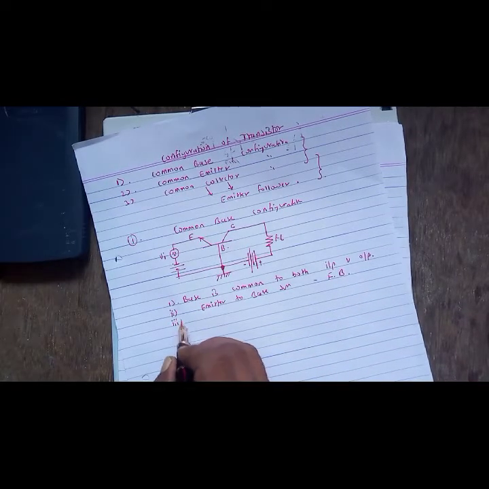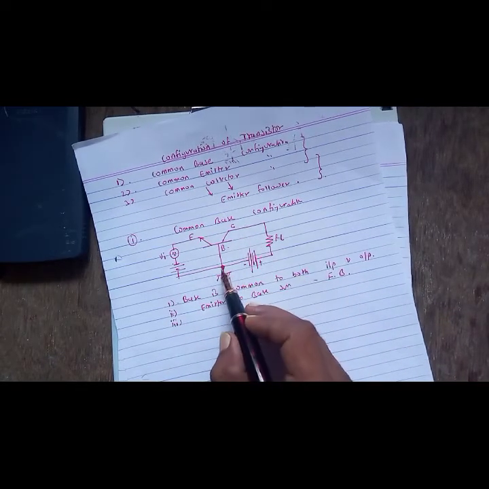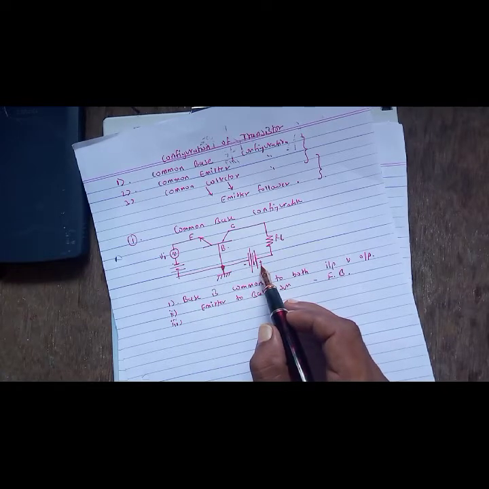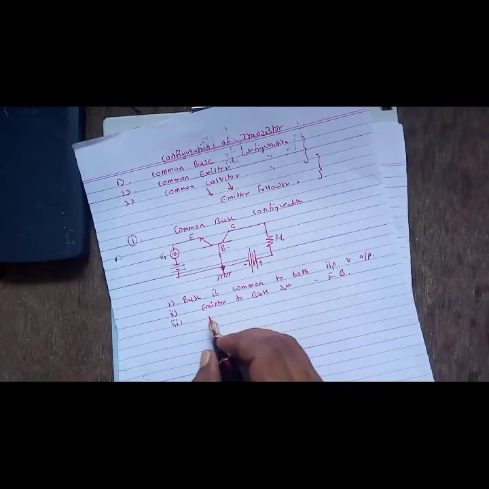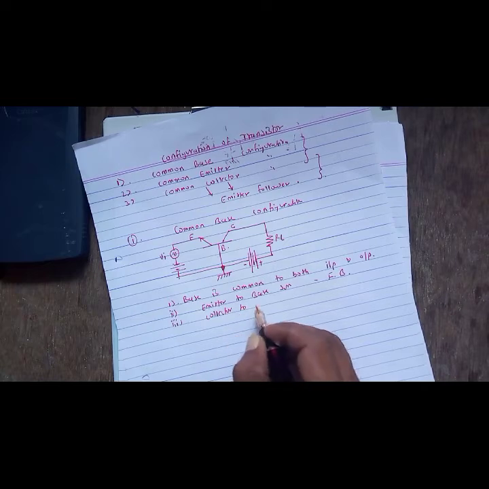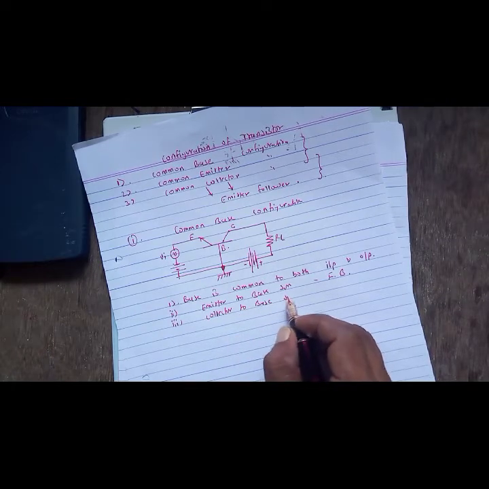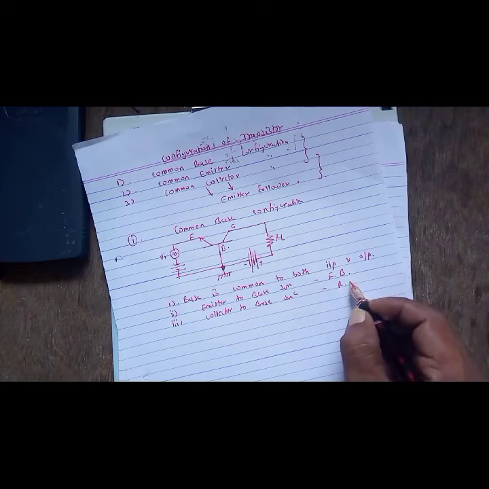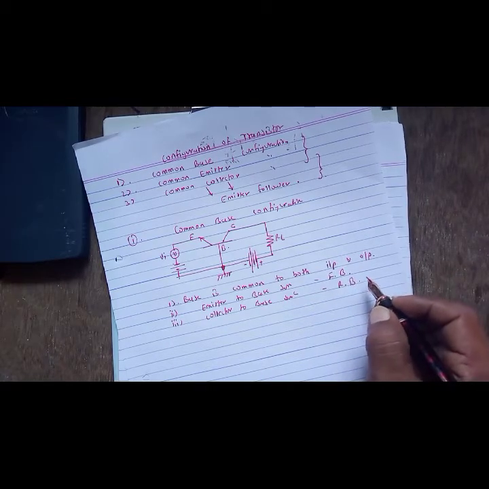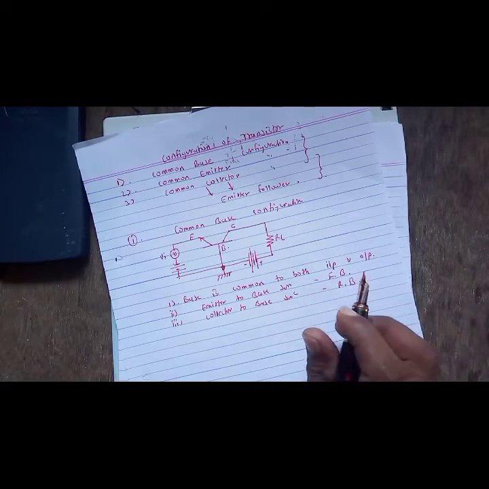The third point: from collector to base we again have connected a battery. If the first is forward bias, then the second battery will be in reverse bias. The collector to base junction battery is in reverse bias. So these three points are very much important.